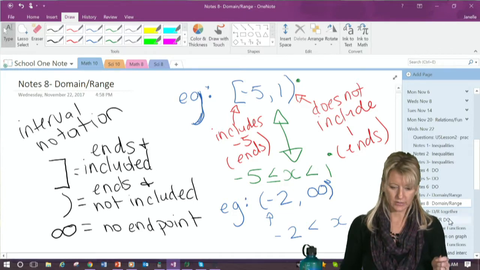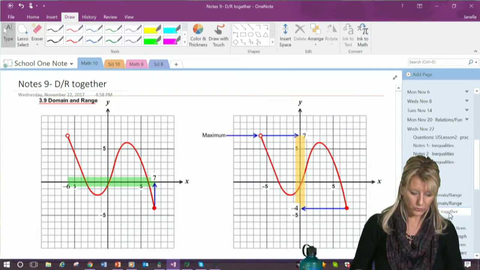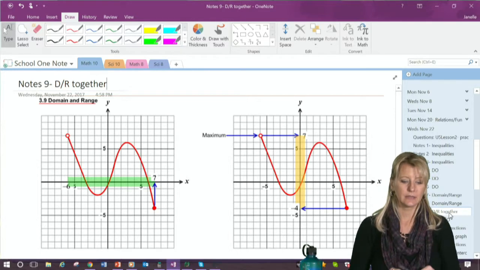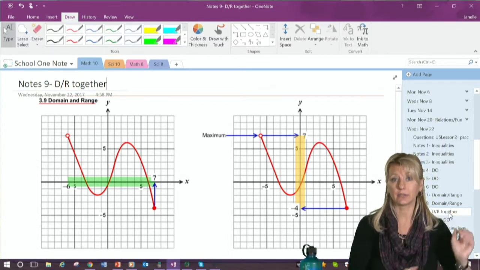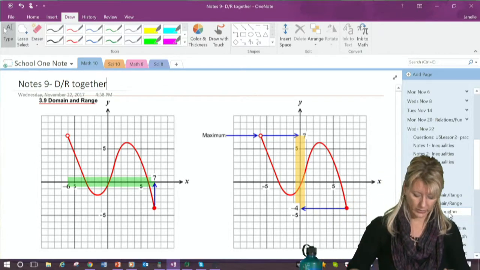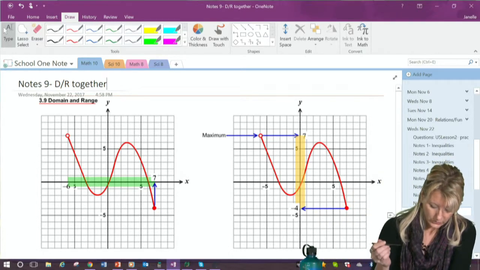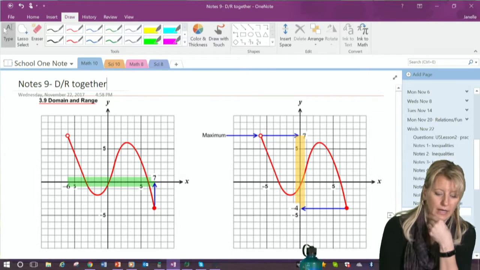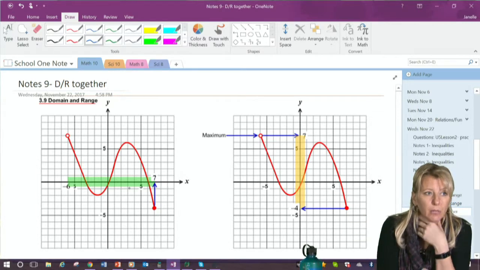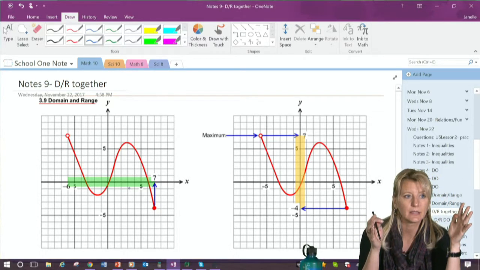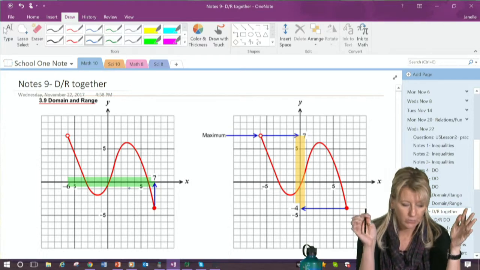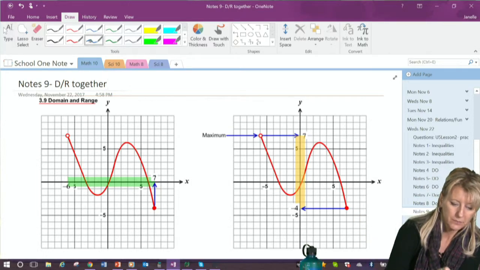So we're going to do this one together. So here what I have is I want you guys to find the domain and range of this graph. So we're going to find the endpoints of this, okay? So we're going to start with the domain, and I have highlighted the green part. That is showing basically the front and end point of this, okay?